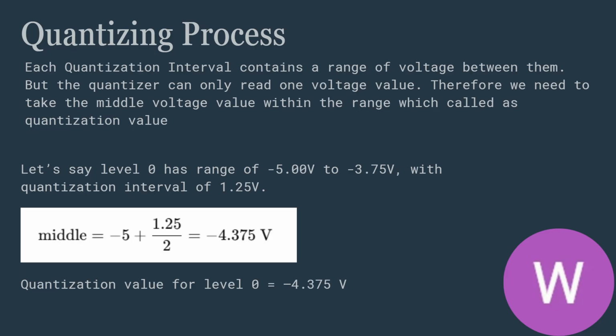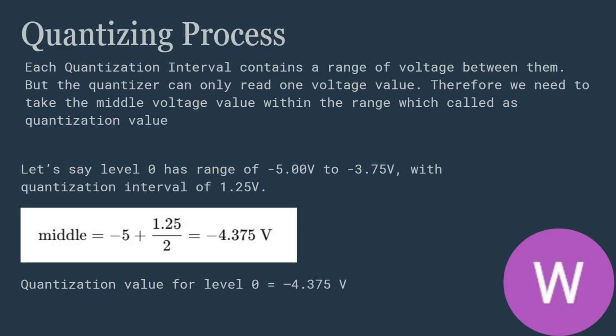The reason why we need to find this quantization value is that usually for digital systems, when we want to insert any voltage, we cannot just tell them a range. Let's say we cannot tell a digital system to input a voltage between 1 and 2 volt. We need to give them an actual value. That is why we need to find a quantization value, which is the actual value within each level.